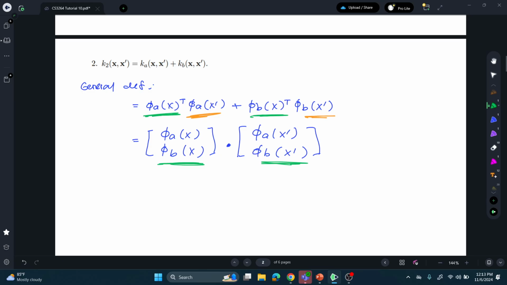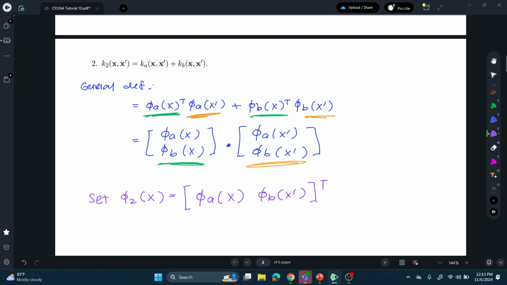With this, we can now put in the kernel definition again. We try to set a new kernel. We set this to be our phi 2. Phi 2 of x would basically be a factor that contains the factor phi a of x and the factor phi b of x. This is a factor of dimension, basically the dimension of a plus the dimension of b.